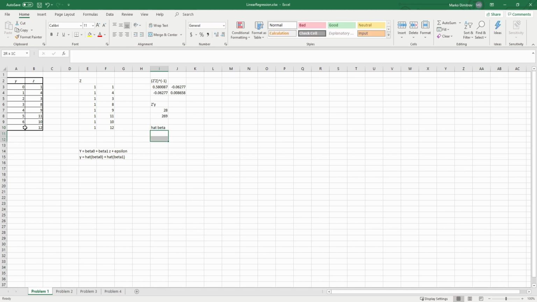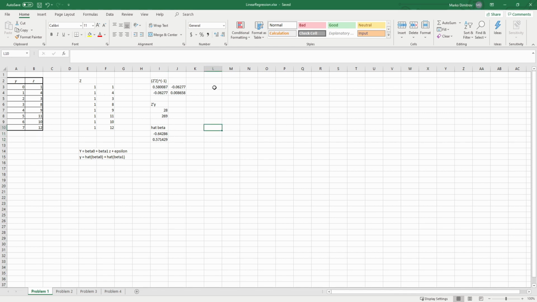So as a vector, this is what we get, the estimates. It is not now the estimator because we're using data to estimate those unknown parameters. We need to multiply this matrix with this one, where the second one is a vector.